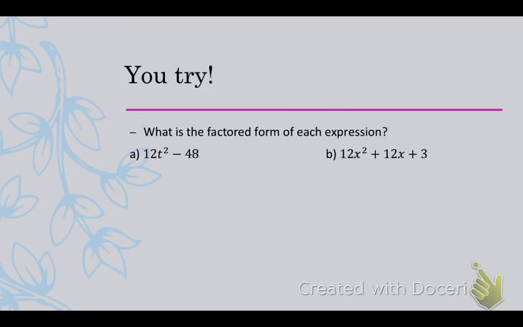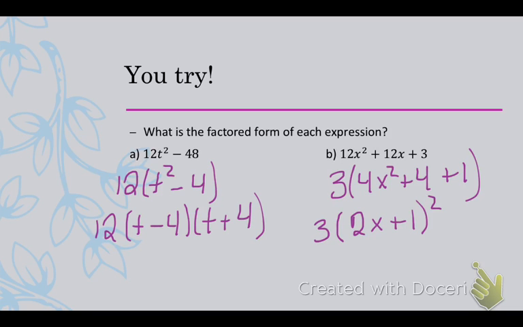Alright, lastly, I want you to do these 2 examples. Alright, so for the first one, you should have factored out a 12 and gotten 12 times t squared minus 4. And then when you factor it completely, you get 12 times t minus 2 and times t plus 2.